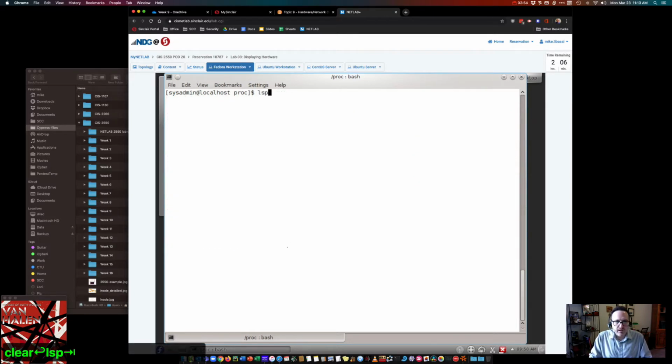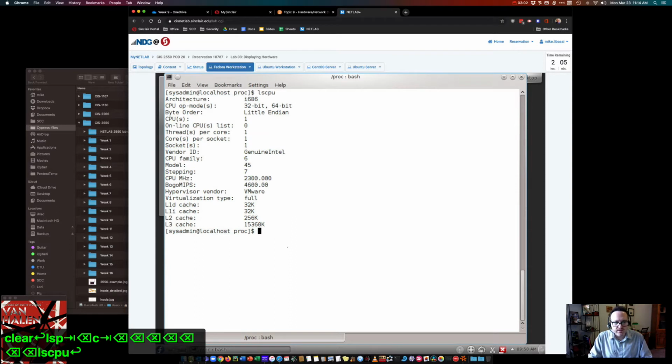So lscpu. Again, it's a nice way to basically get the information back from proc. So we can see the byte order, the CPU mode, whether it's 64-bit or 32-bit, it's both in this case. So a 64-bit CPU, and we have our speed in megahertz here.